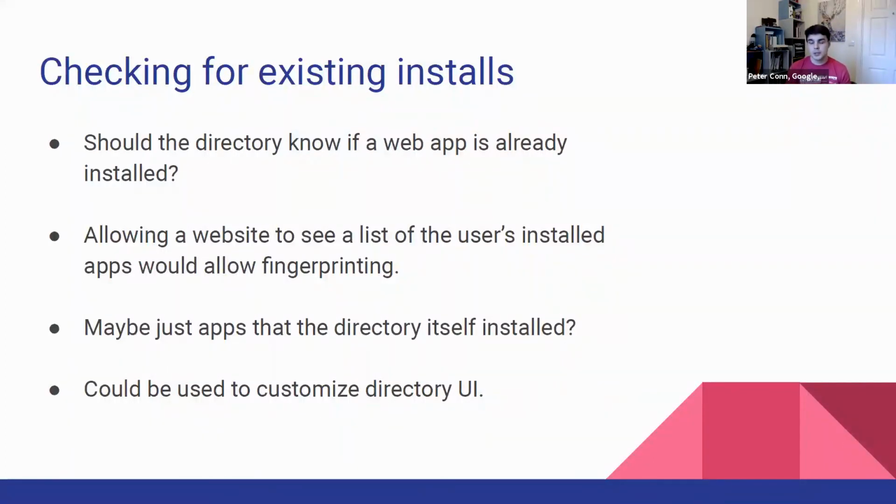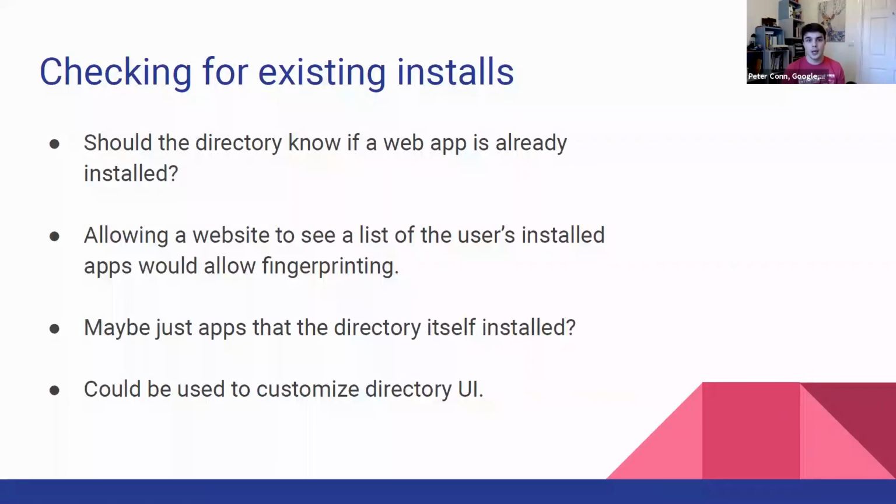This is a bit similar to an API we already have, which is called get installed related apps. So this allows a website to detect the installation status of up to 3 native applications, or potentially PWAs.